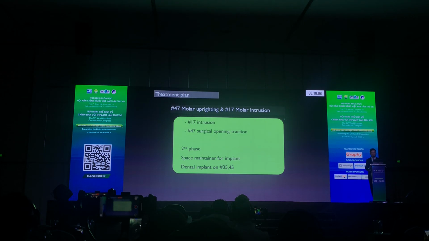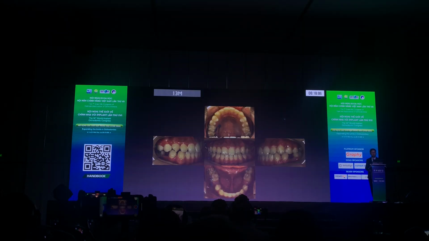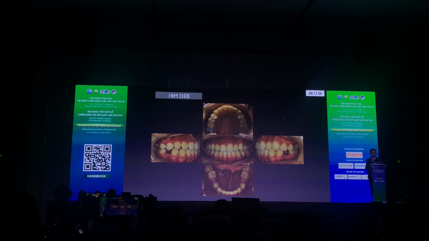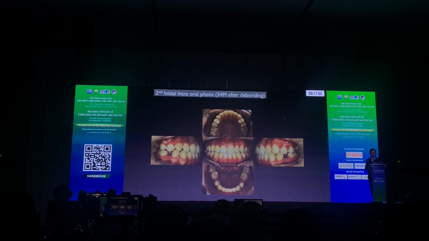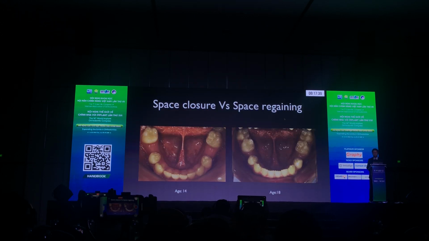So in this case, we just did traction of the impacted molar with a screw, and we protracted and finished the leveling and aligning. Here's the final. The patient was supposed to wear the maintainer, but he did not wear it. A couple of years later, he came back for the second phase. Space, 40% closed.